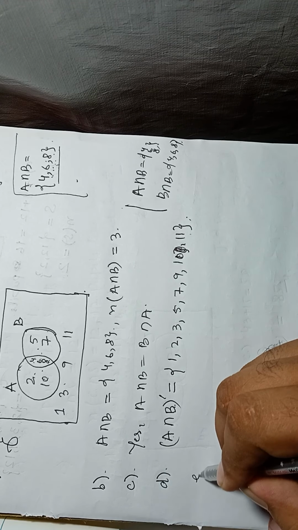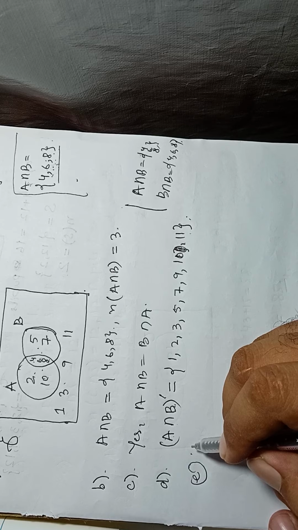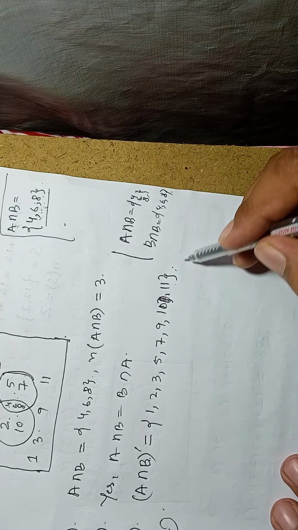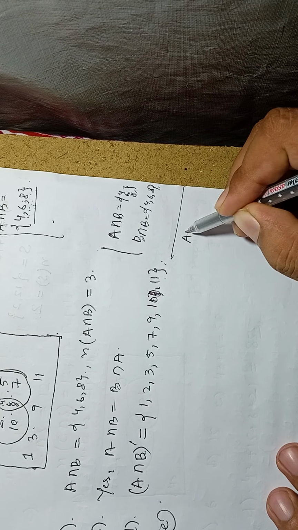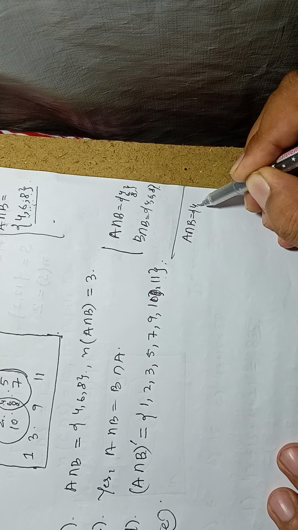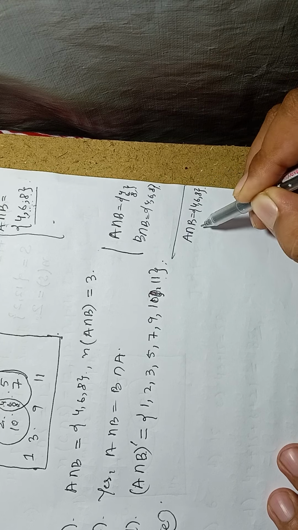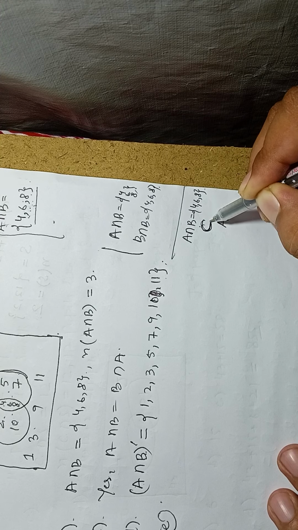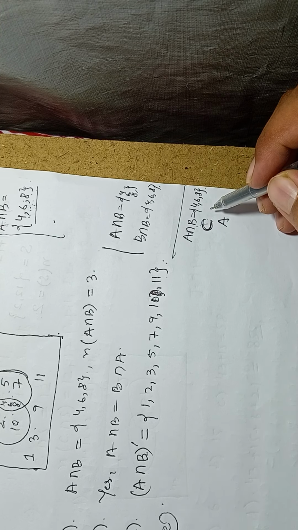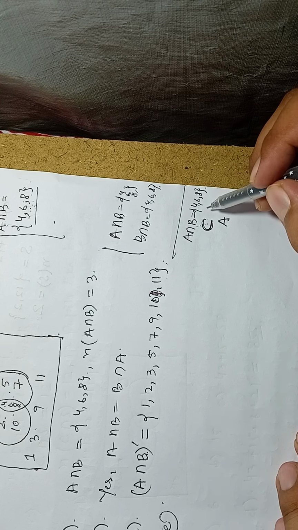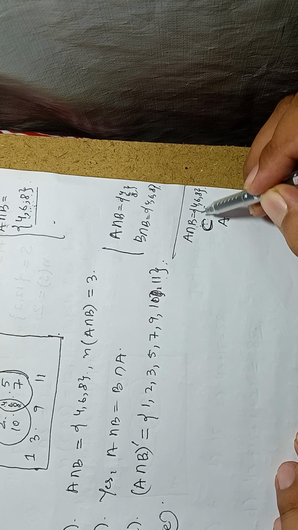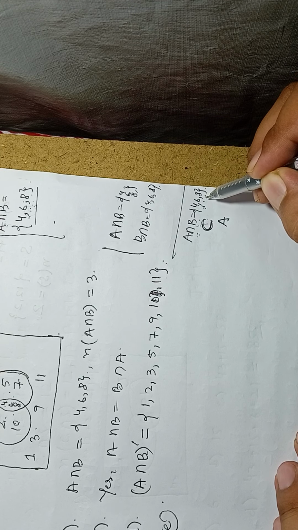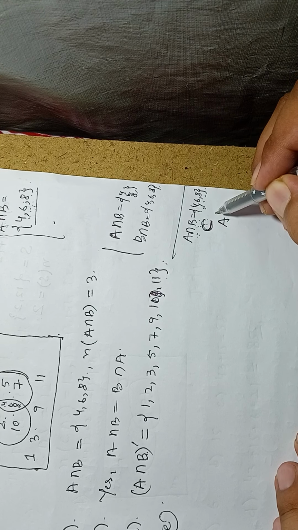Now you can see the E. Is A intersection B a subset of A? You can see A intersection B, what is that? Understand this. A intersection B, we know it is 4, 6 and 8. Is this a subset of A? What does that mean? We need to check: is every element of the intersection of A and B, that is 4, 6 and 8, also an element of A?